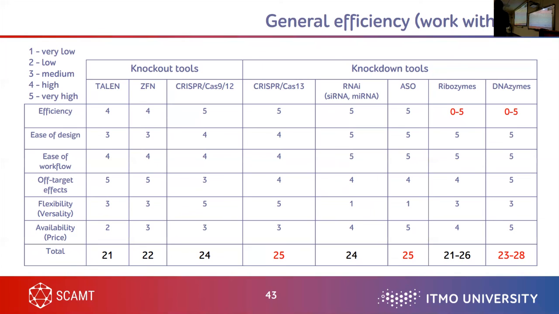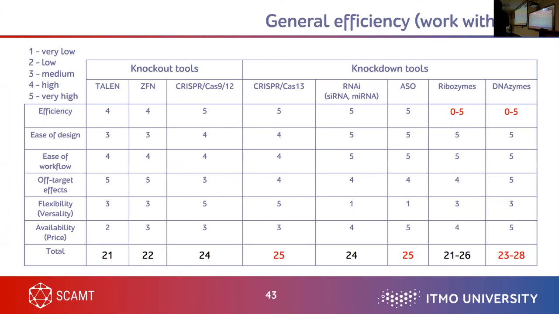So now we are using antisense oligonucleotides because they really have a high level of efficiency inside the cells. There is also CRISPR-Cas13, but we still don't use it, though I think that once we will afford ourselves to use it.